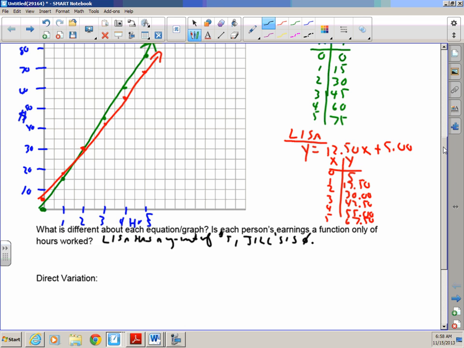Because Jill doesn't get paid anything until she starts babysitting, while Lisa theoretically gets that $5. And what would the scenario be? Let's say Lisa drives, shows up, and the family wasn't able to get a hold of her and say, oh, we don't need you tonight to babysit, but here's the $5 for the gas. Okay?